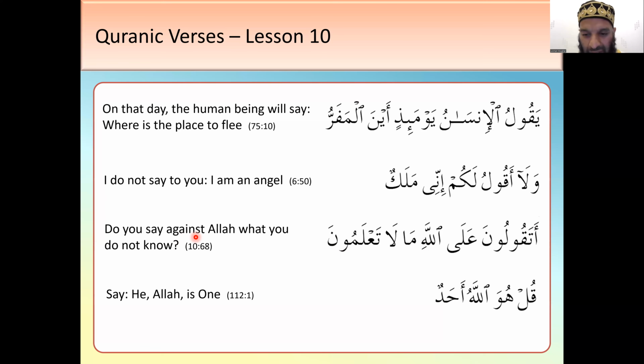Do you say against Allah what you all do not know? Now in some translations it might say about. Do you say about Allah what you all do not know? Even if you didn't know that ala meant against here, you'll still know what's going on, inshallah.